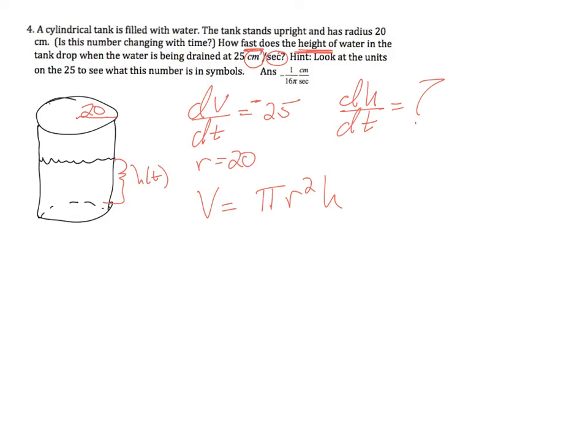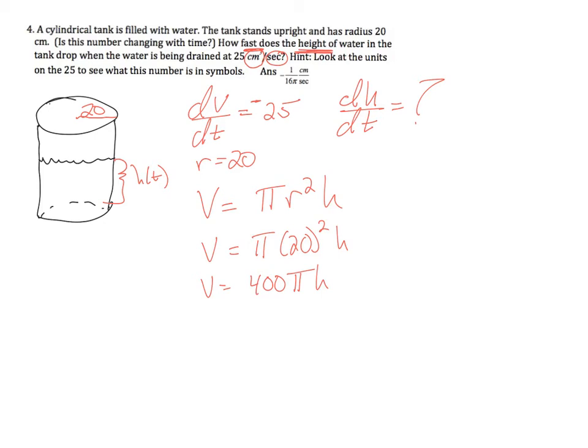But they tell me that r is 20, so I'm going to put that into my equation. So that's pi times 20 squared times h, or v equals 400 pi h. Okay, so then I have an equation that relates h and v together. I'm looking for dH dt, and I'm told what dV dt is.